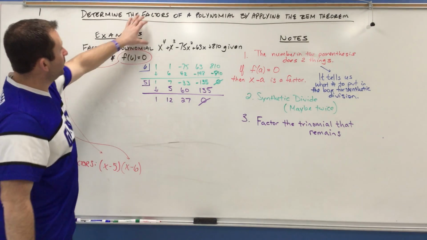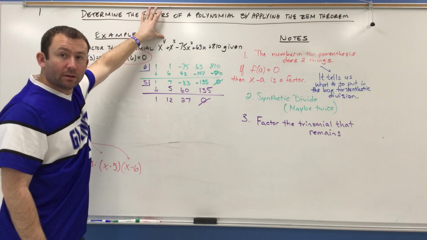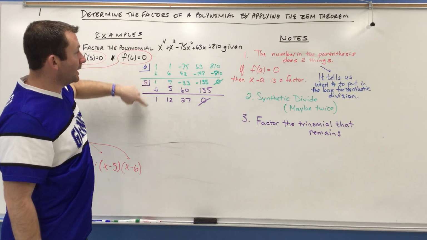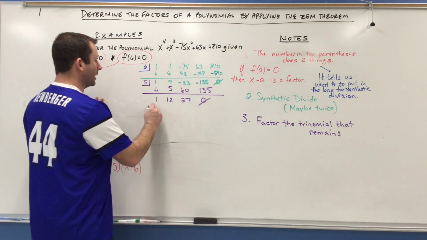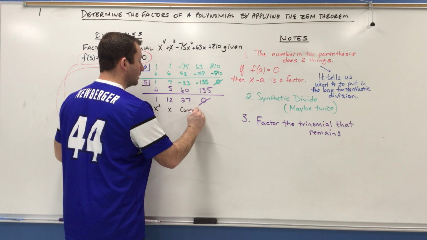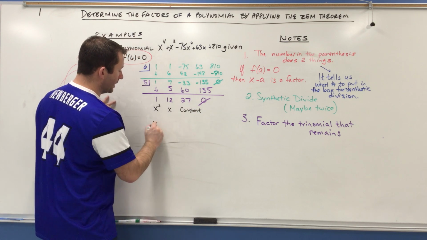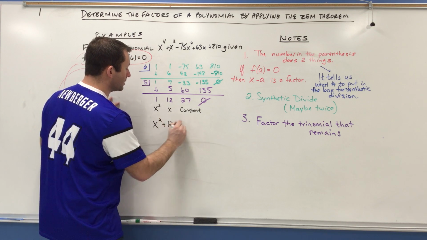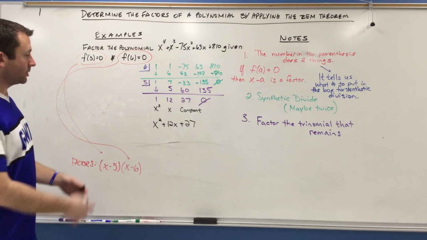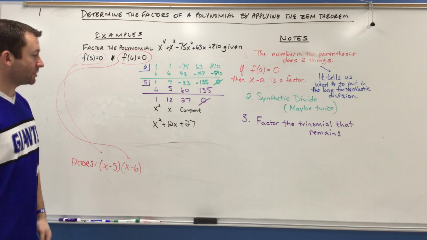All right, we started with an x to the 4th. We synthetic divided once. We synthetic divided again. So this is going to be our x squared, and our x, and our constant. We don't have a remainder. x squared plus 12x plus 27. We've factored things like that pretty much since semester 1.